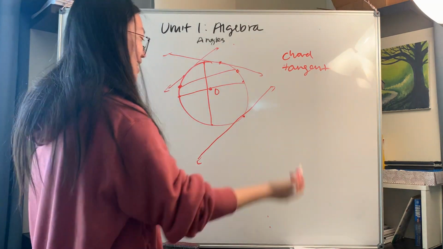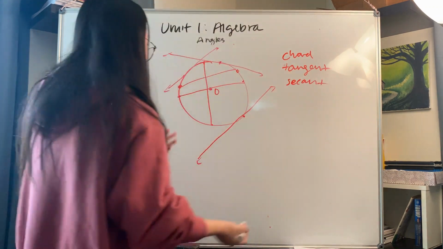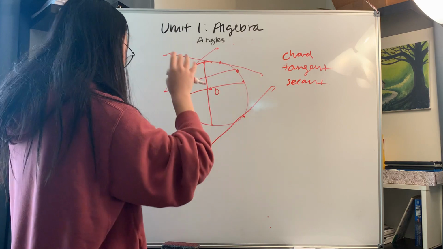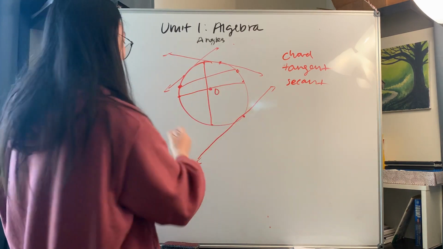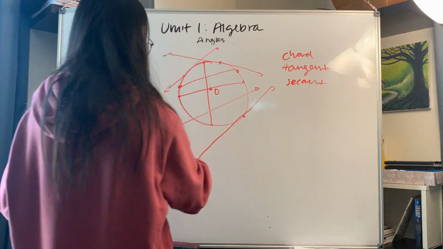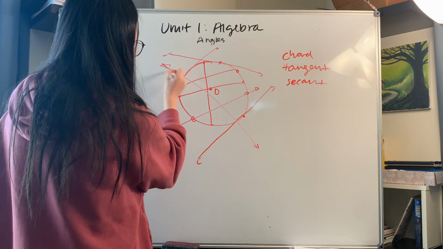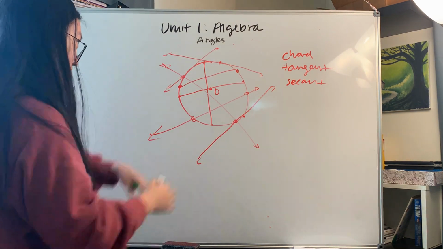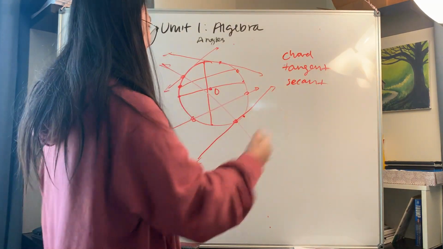And secants would be more like actual lines, and lines continue on forever, while line segments don't continue on forever. So this is a secant right here, goes through 2 points on the circle. This would also be a secant right here, goes through 2 points on the circle. And this is basically our terminology for the lines that can go through a circle.